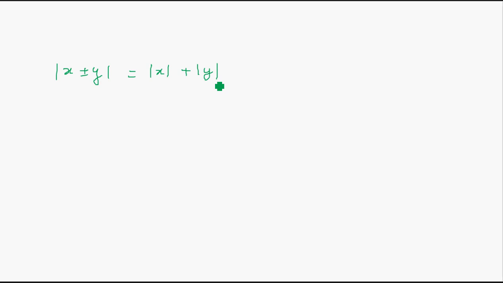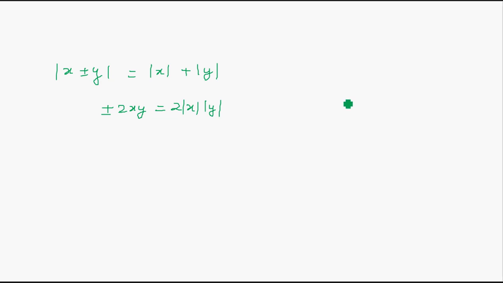And when will that condition be? When plus or minus 2xy will be equal to 2|x||y|. Now when will this condition be fulfilled?